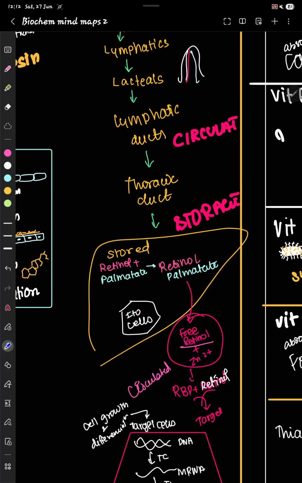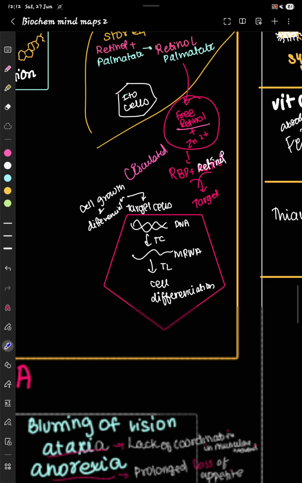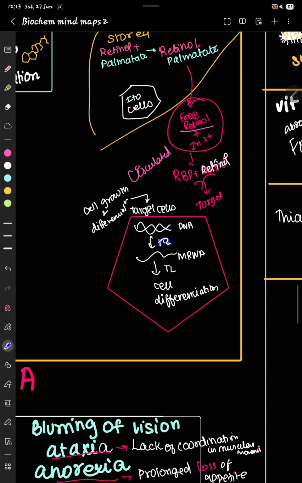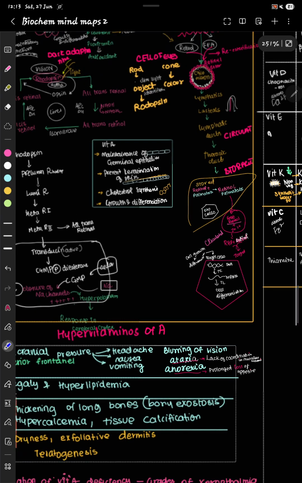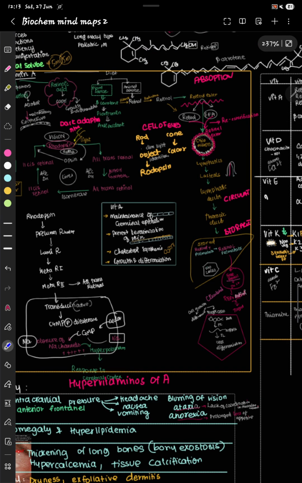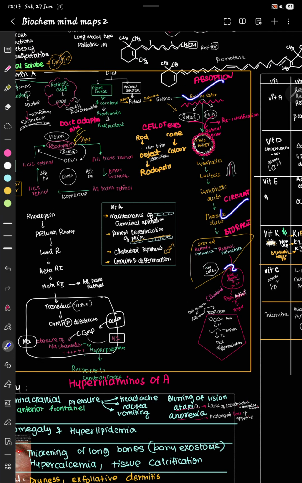This retinol binding protein along with retinol moves to the target organ, target cell, and there comes transcription and translation for cell growth and differentiation. And this was all about the absorption, circulation, transportation, and storage of vitamin A.